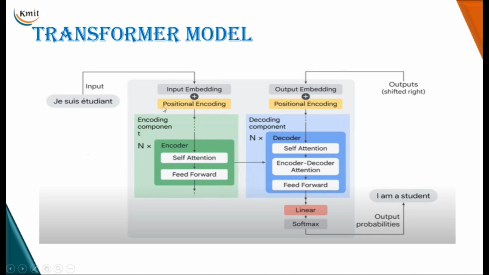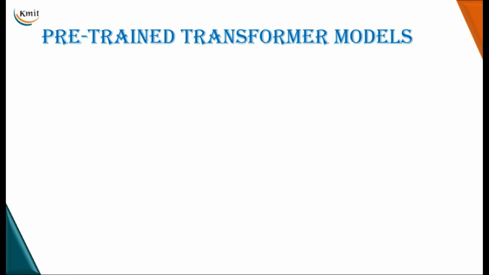So we have input embedding, positional encoding, self-attention, and a feed forward network, and then the output of that is given to the decoder component, where we decode the input data and apply softmax with so many output probabilities, and we generate the output, right? This was the transformer model that we've already seen.